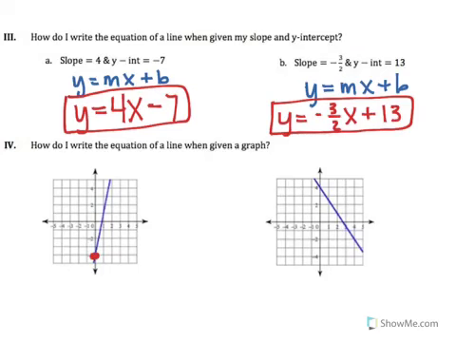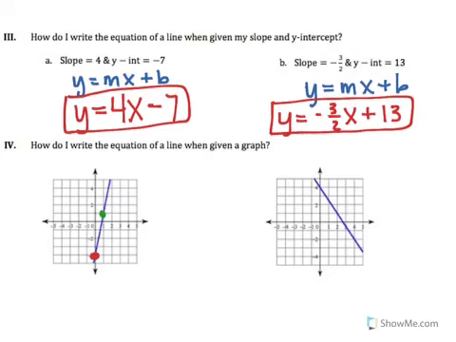And I need to also find another point that I can clearly see so that I can find my slope. So I see that (1, 1) is also a point.